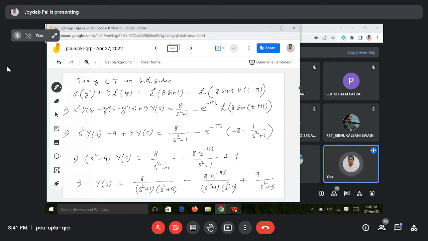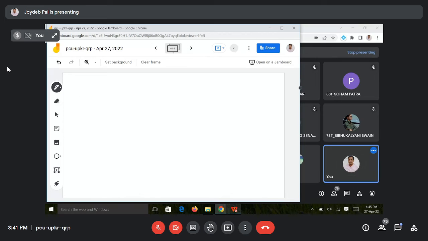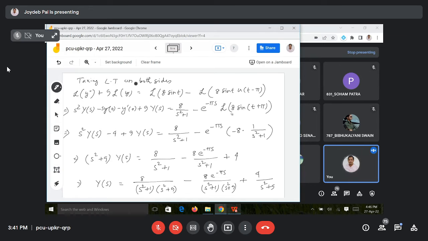Now you find its Laplace inverse. y(t) is equal to what? Laplace inverse of Y(s). Is it easy? There are 3 terms. So you have to find the Laplace inverse of these 3 parts, part-wise. First part Laplace inverse, second part, third part.